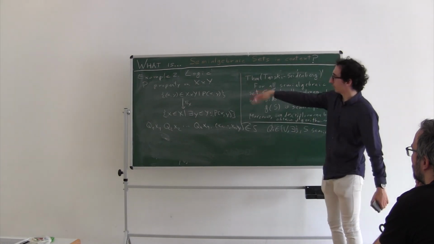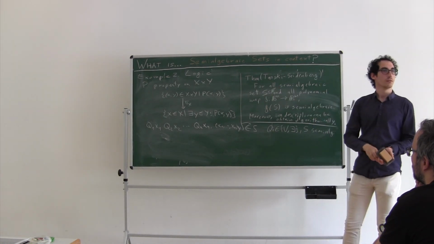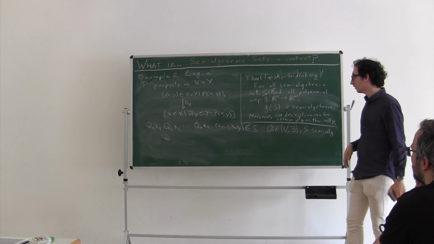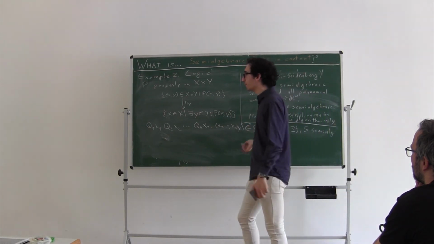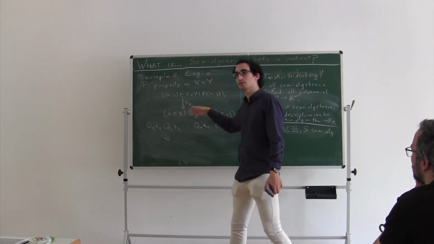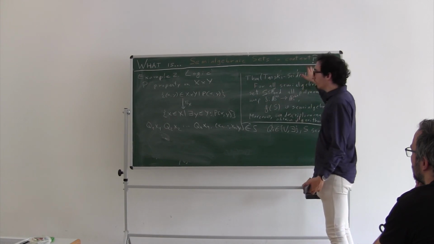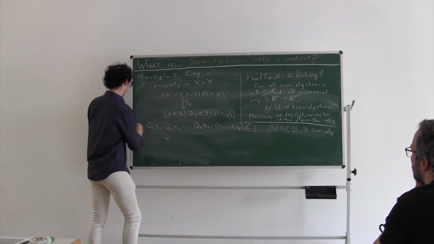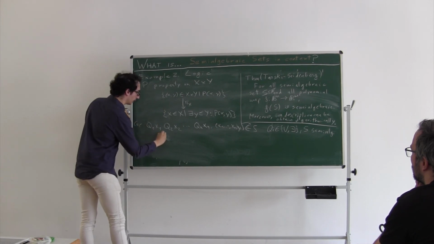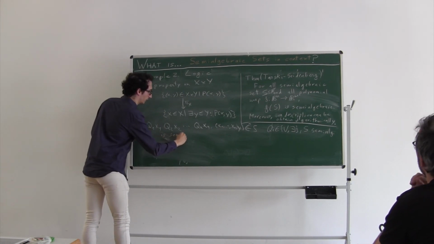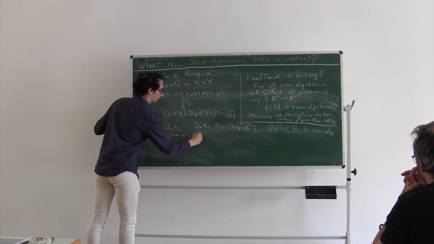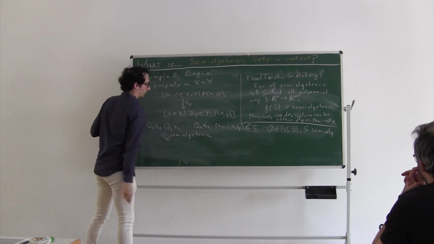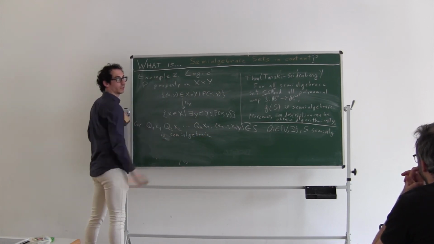So you have a big semi-algebraic set, and then you have a list of quantifiers. Then this theorem says that this whole set is semi-algebraic. So essentially, I can eliminate the quantifiers.